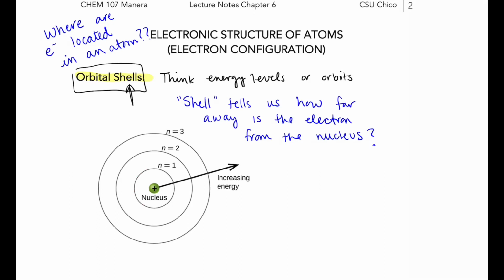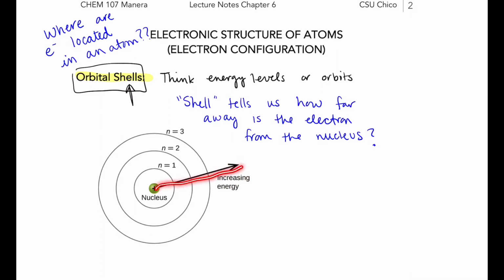So we're looking at energy level 1 tells us it's this far away. Energy level 2 tells us it's this far away, or shell 1, shell 2, shell 3 tells us that it is this far away. It's just giving us a distance from the nucleus.